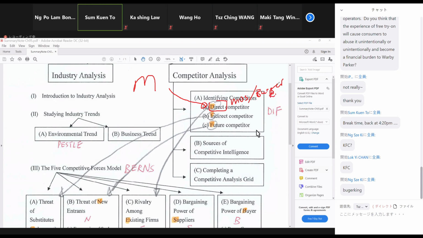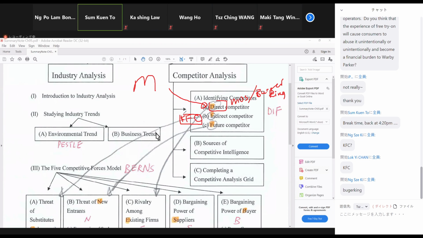My suggestion is that in the past, KFC was supposed to be indirect. Why? McDonald's focuses on selling burgers: beef, Big Mac, and then pork, Sausage McMuffin, Filet-O-Fish burger. And in the past, KFC was mainly on fried chicken, but in recent years, they have some sort of changes.